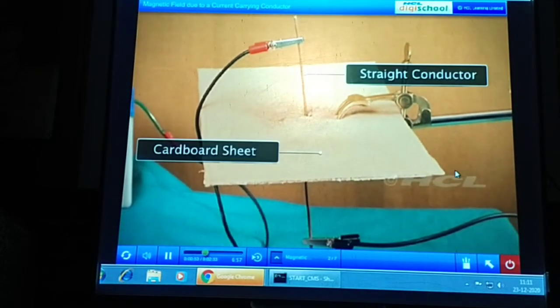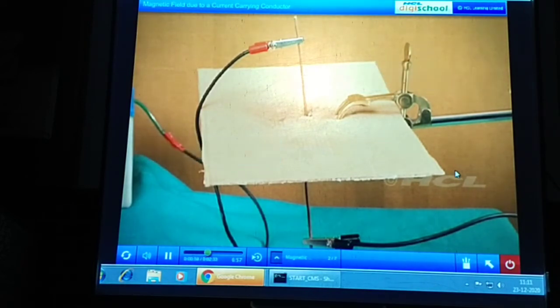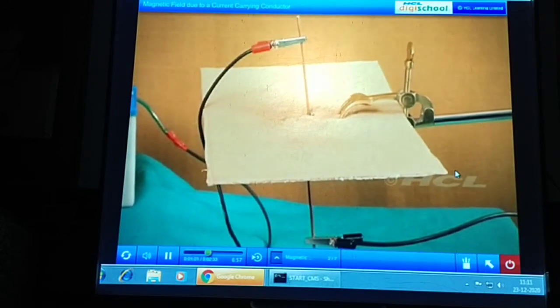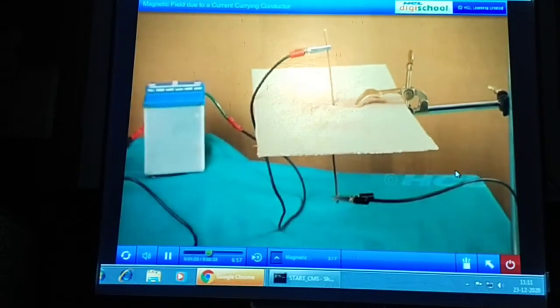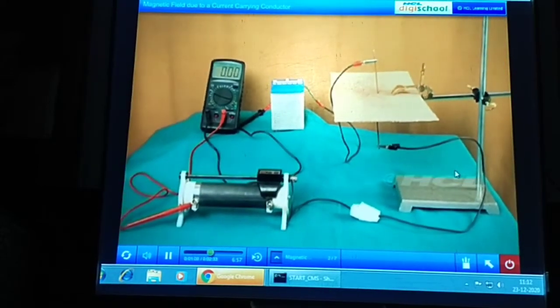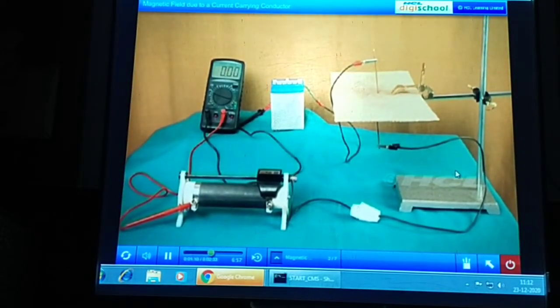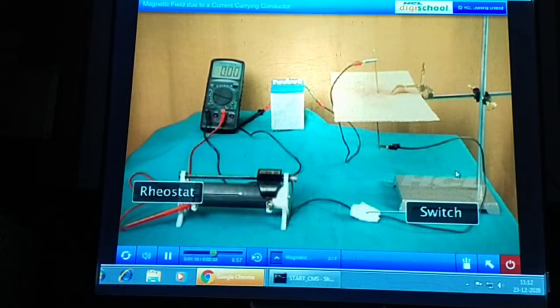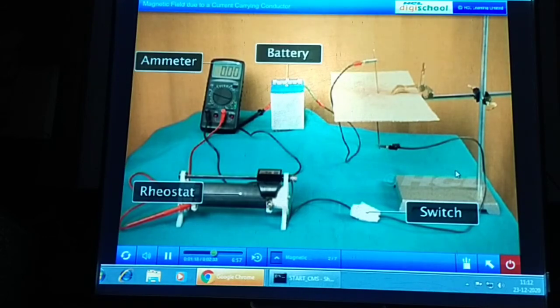First, let us insert this straight conductor through this cardboard sheet. Now, let us connect the conductor to a simple circuit consisting of a switch, a rheostat, ammeter, and a battery.